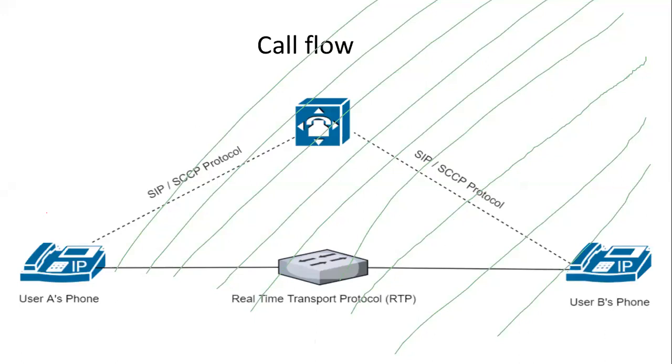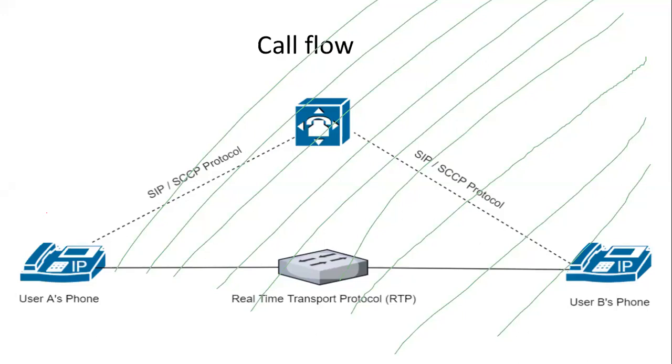So once the phone is registered, the protocols responsible for connecting the calls are SIP and SCCP. These are the signalings which are transmitted between the phone, Call Manager and the other phone. And once the call is established, the RTP flows between the end devices.